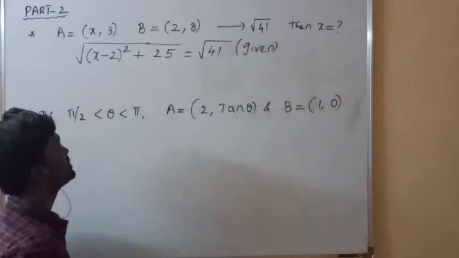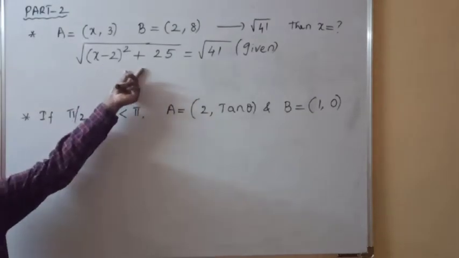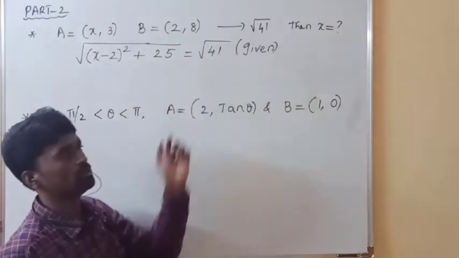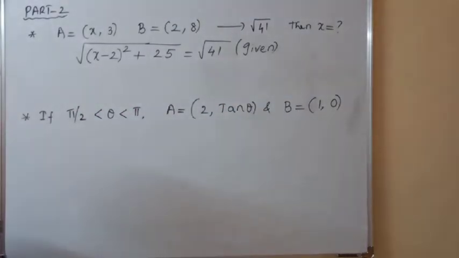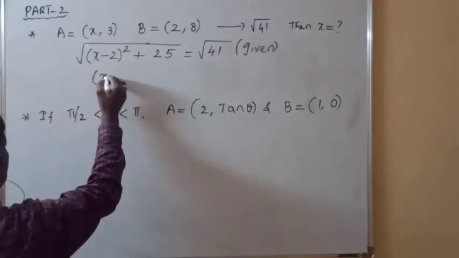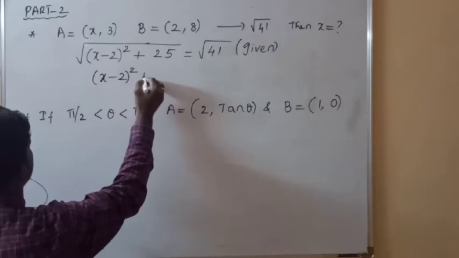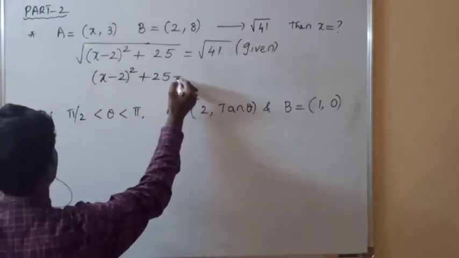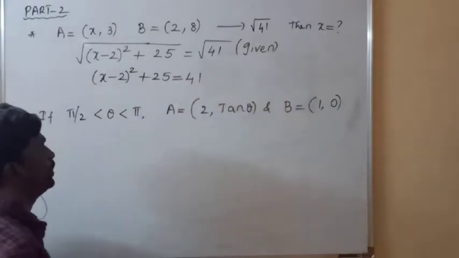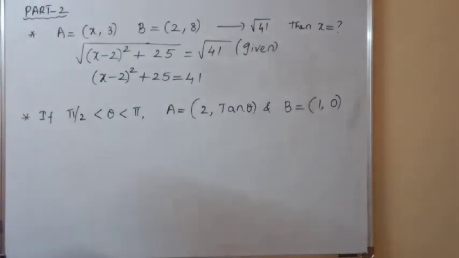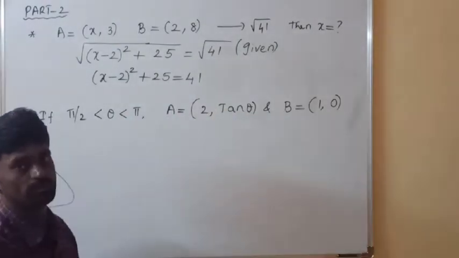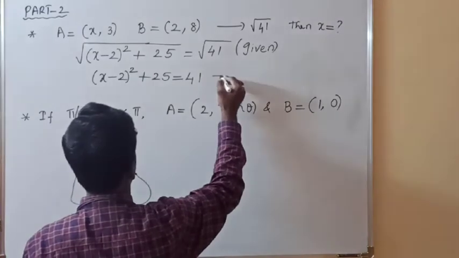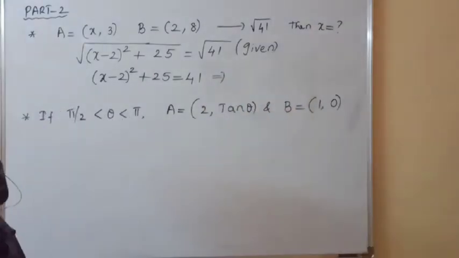According to the formula, the distance between the given points is this. According to the given data, it is equal to root 41. So to get the x value, squaring on both sides, what will you get? (x minus 2) whole square plus 25 is equal to 41. Now if you transfer this plus 25 to the right side, you get minus 25.